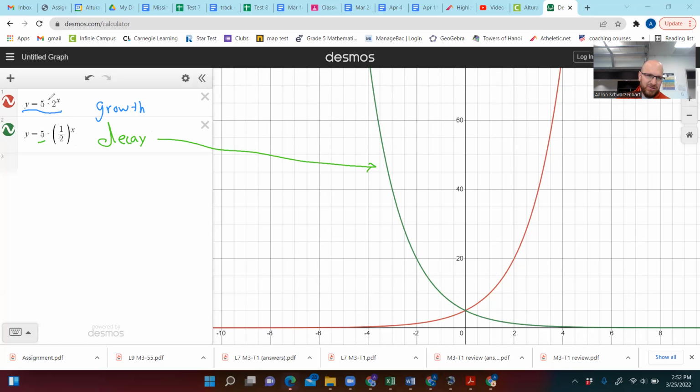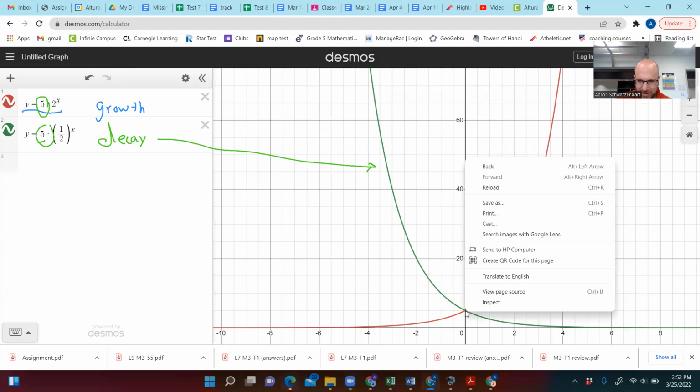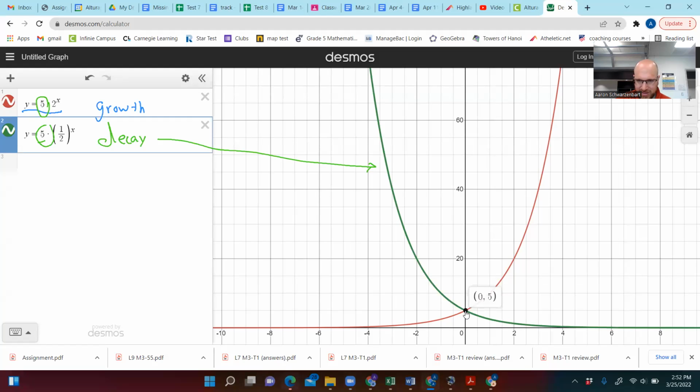This initial value here, the 5 on both of these, is my y-intercept. If I come over here and I click on where it hits the y-axis, it'll give me a 0.05. That's a y-intercept. 0 is my x, 5 is my y-intercept.